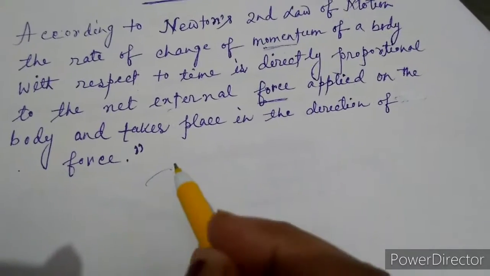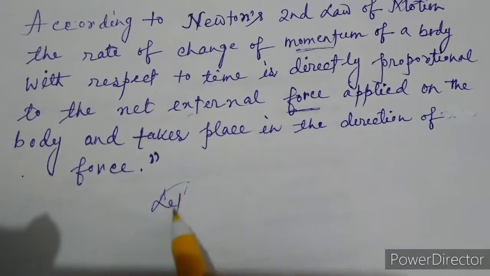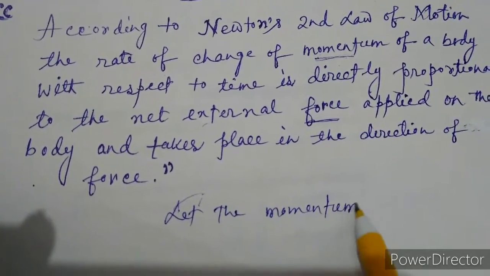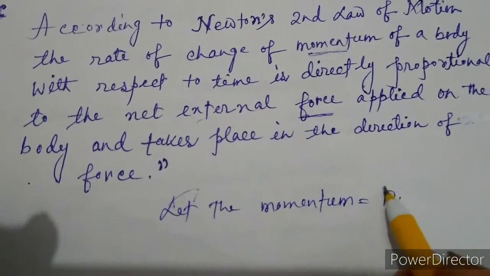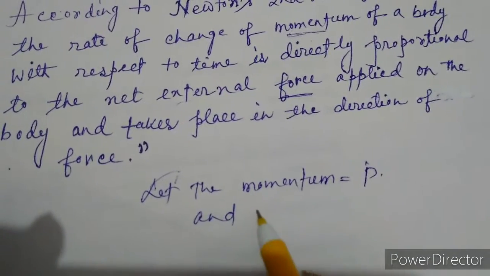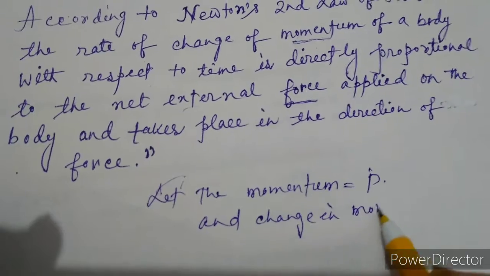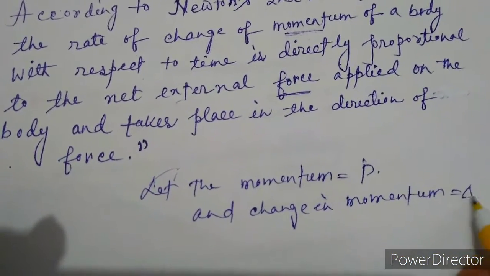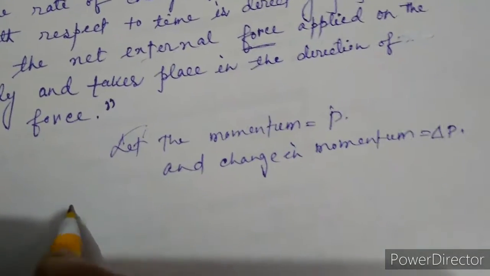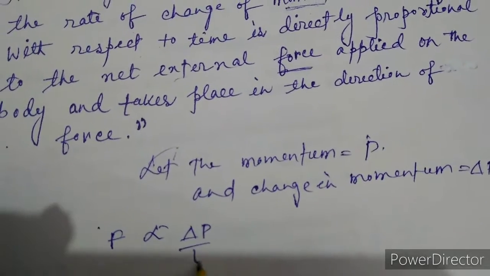At first we will write: let the momentum be P, and since it is said change in momentum, we will write the change in momentum as delta P. Now according to this definition, we can write that F is proportional to delta P by t.